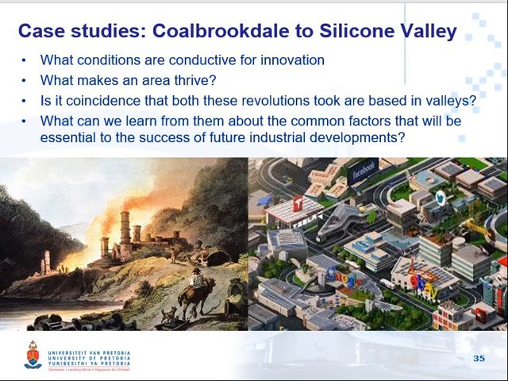But you might ask, okay, it was long ago, why are we now talking about valleys and comparing two cases like Coalbrookdale to Silicon Valley? They are not comparable, they are completely different things. But let's go through it and see, if they are completely different, what is the characteristic of each of them. Let's talk about it.